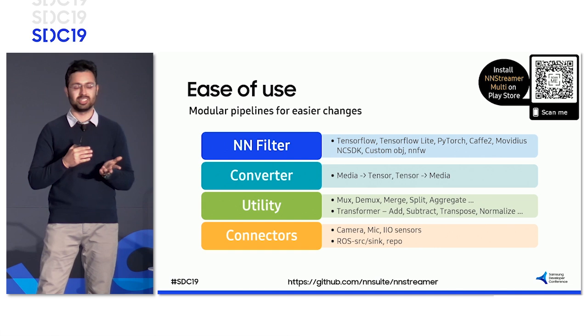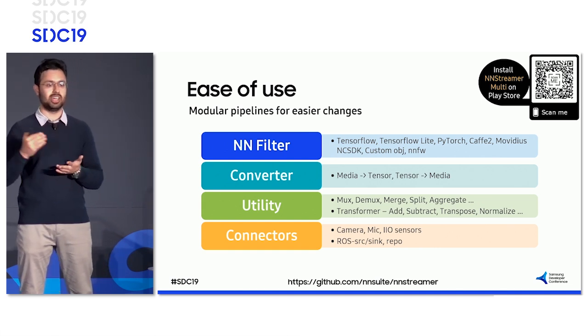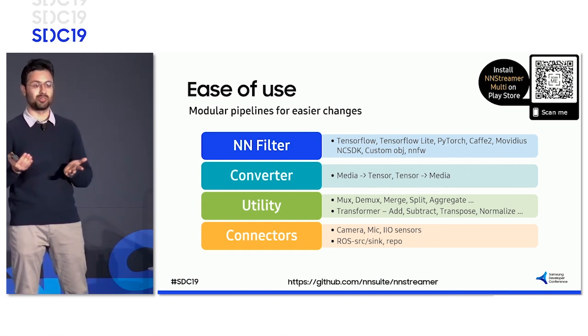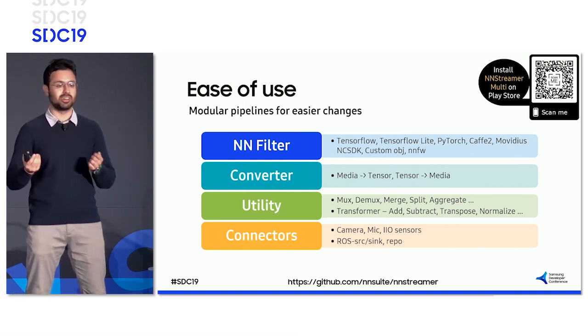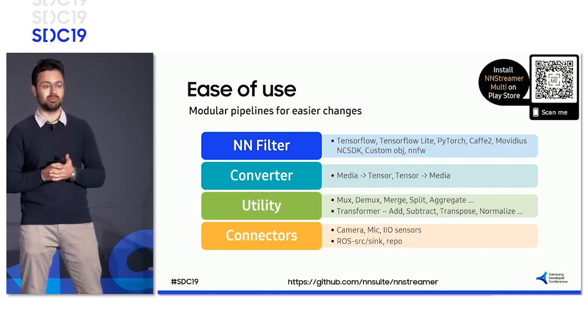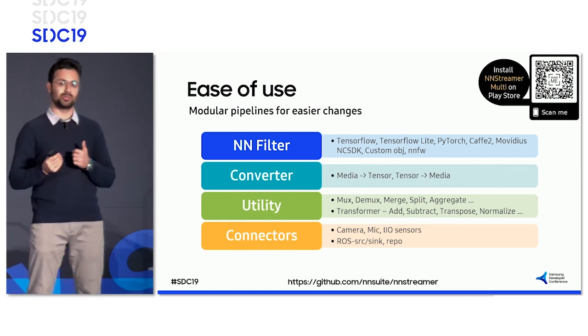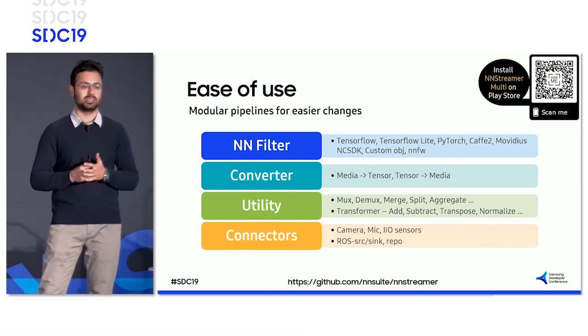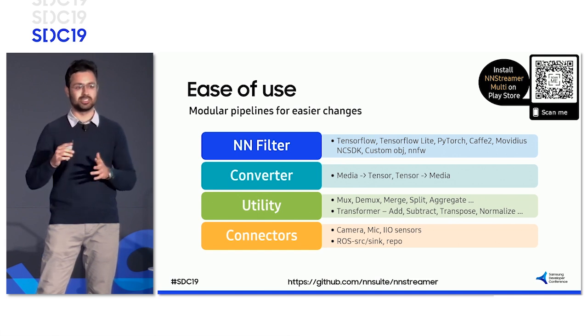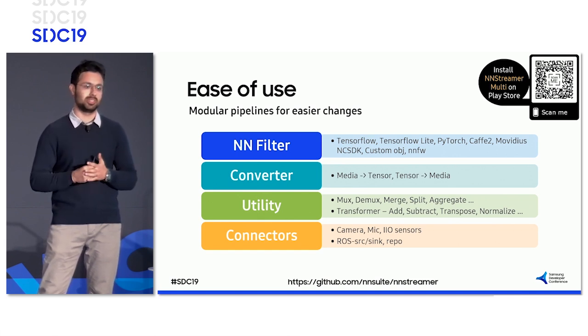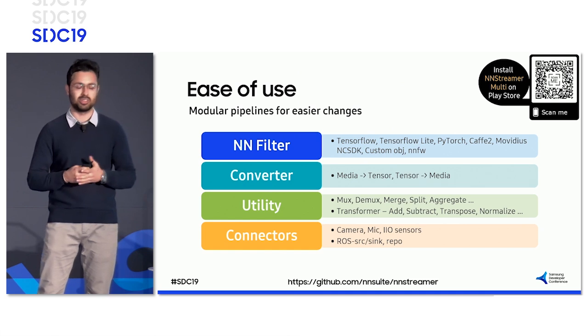These wrappers will directly allow you to connect them with NNStreamer pipelines. You have Robot OS. You can subscribe to the data of Robot OS directly with your pipeline. We also have a repo connector. This allows you to run RNN or LSTM-based models and create such a recursive loop in the pipeline. So you can create a loop-based pipeline as well.